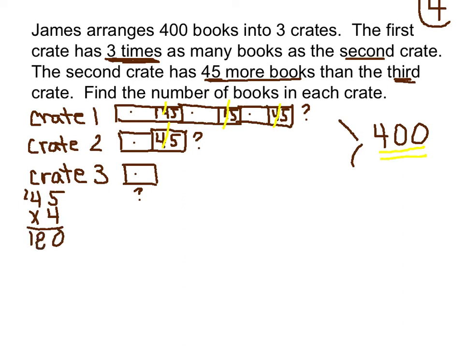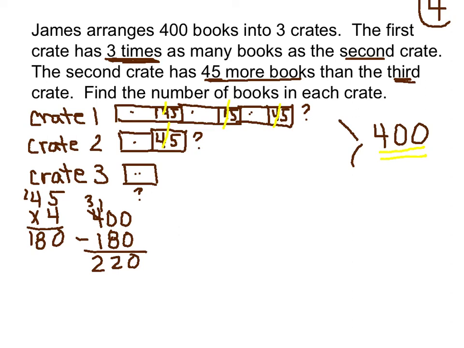And that's 18 tens. And now I'm going to take that 180 away from the 400 books in all. So that leaves me with 220 books. So in these 5 equal parts, there are 220 books.